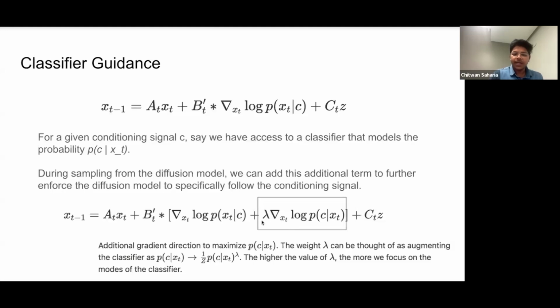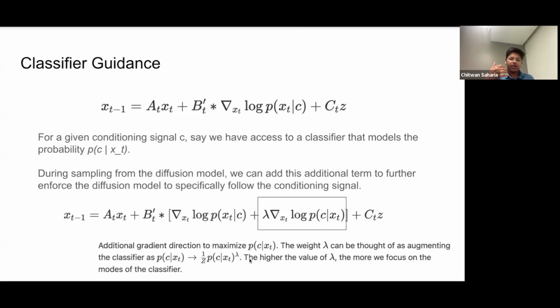And this lambda weight that we apply to this particular quantity can be thought of as augmenting the classifier distribution, where we even accentuate these classifier probabilities. You can imagine the classifier is giving a simplex output, so every value just sums up to 1. The higher the value of lambda, the maximum of that classifier, wherever the maximum logit is, will be the only one that's remaining, and everything else is zeroed out.